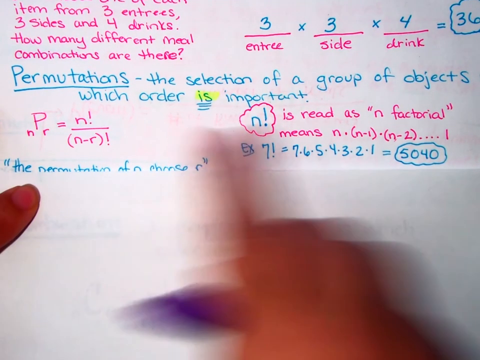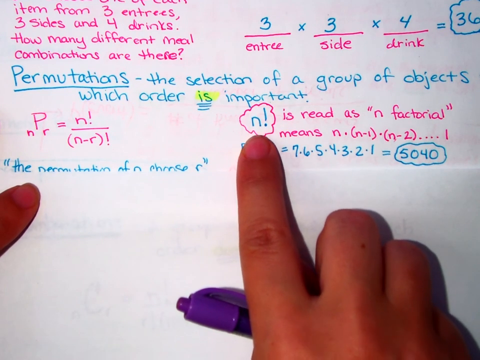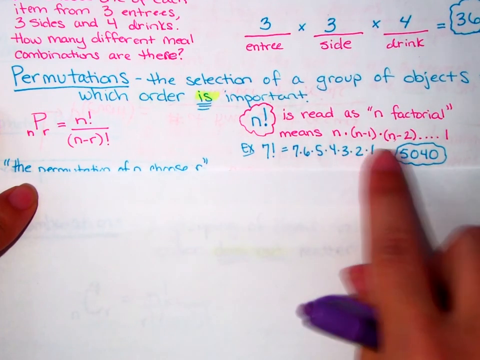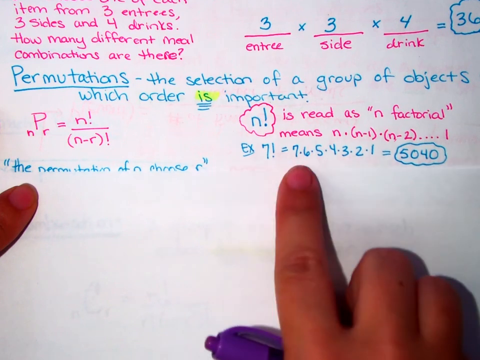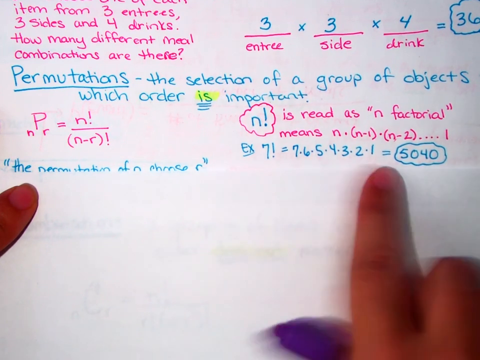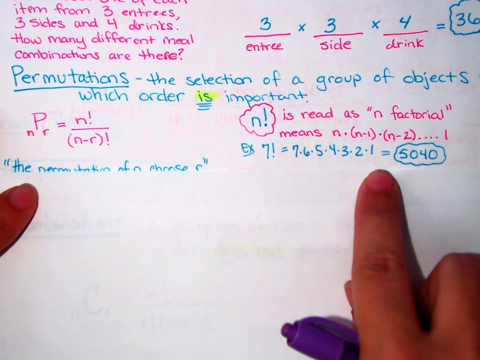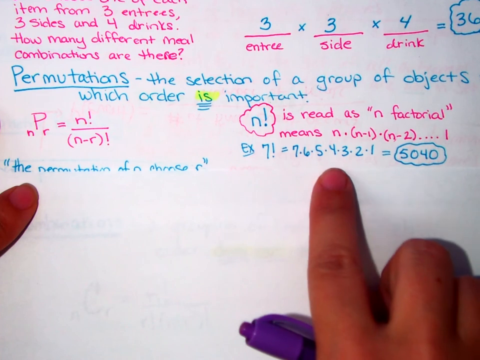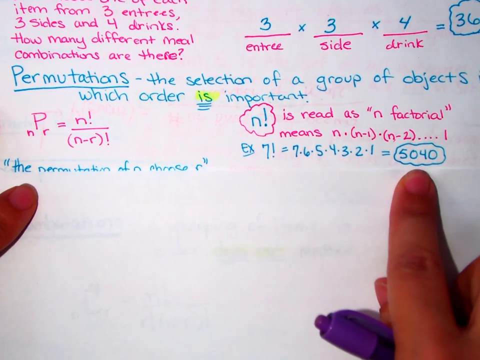So first we have to discuss this factorial. This is read as n factorial, and it just means n times n minus 1 times n minus 2. Let's just look at numbers. 7 factorial would be 7 times every number under it. So 7 times 6 times 5 times 4 times 3 times 2 times 1, and if you put that in your calculator, we get 5,040.